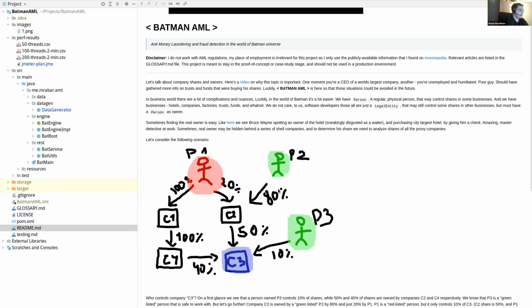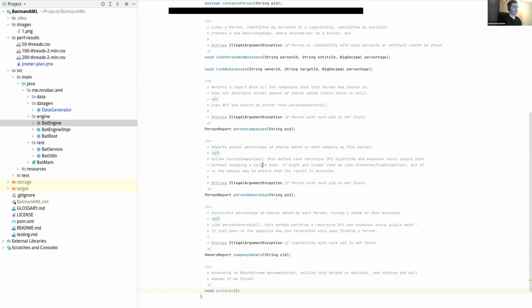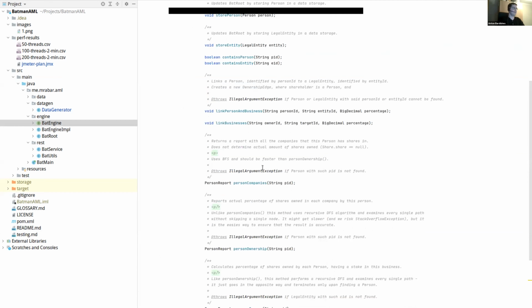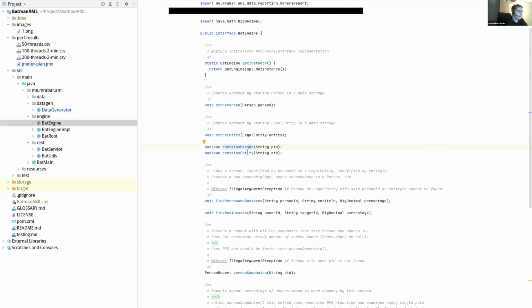Yeah, so like I said, it was very straightforward. I created a bad engine to implement this logic. Basically, we can store entities one by one, be that person or be that company. We can check if that company or entity is already stored. We can link, like, this company owns this many shares of that company.